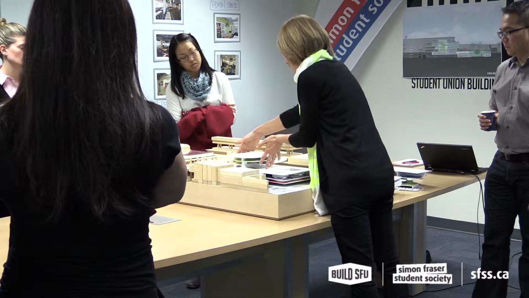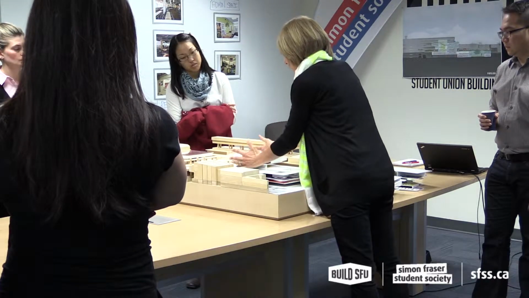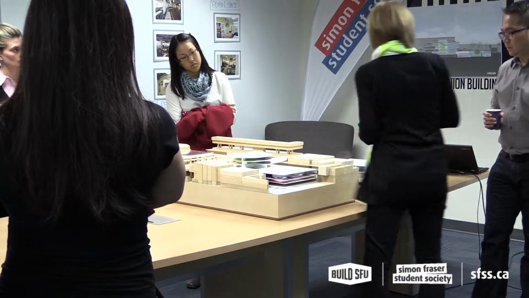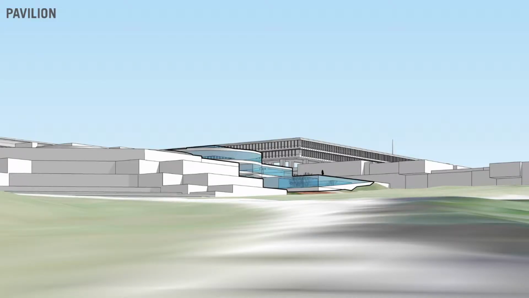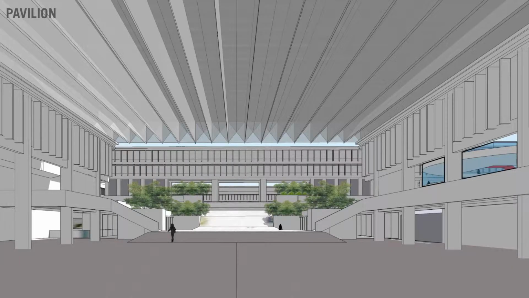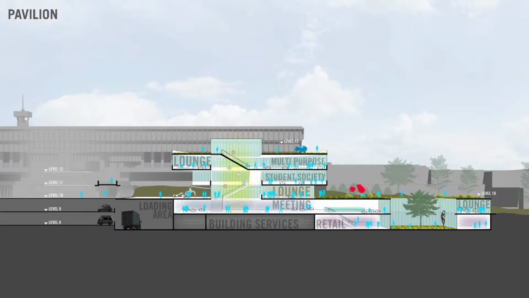But the idea of this scheme is some kind of mass here and some kind of mass here. I want to draw your attention to the TV again. One of the things to keep in mind is that visual catalog and that flow of space. Because we have a certain amount of program we have to distribute, we're forced to put more program on the bottom 2 floors. And we don't have as much opportunity to create connections between the different parts of the building.